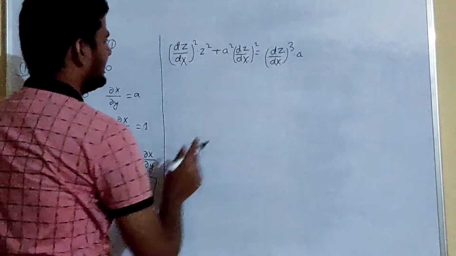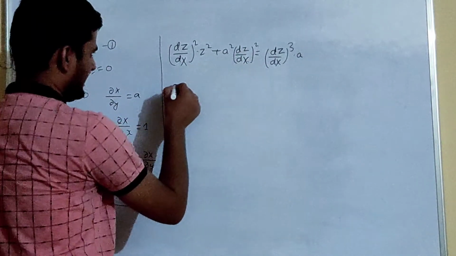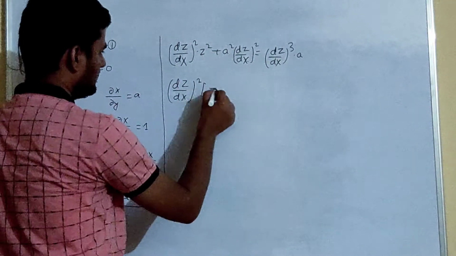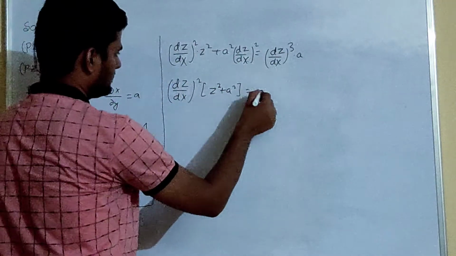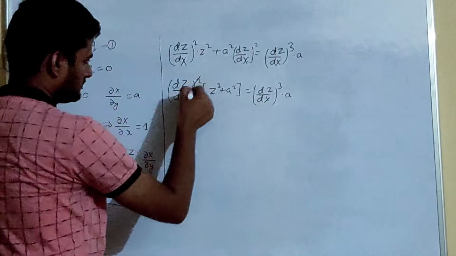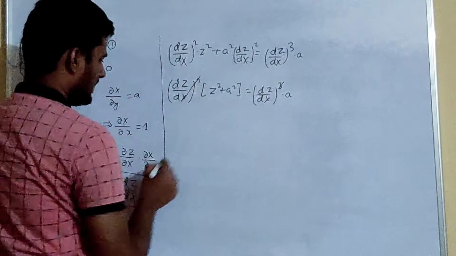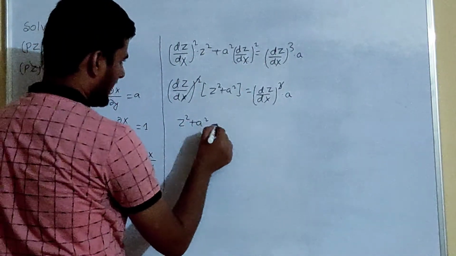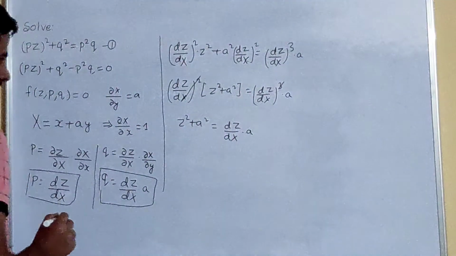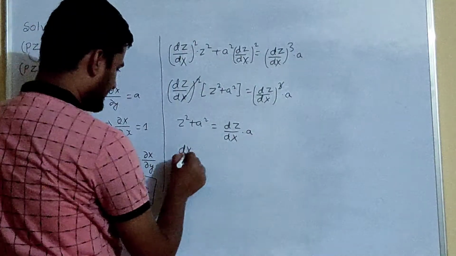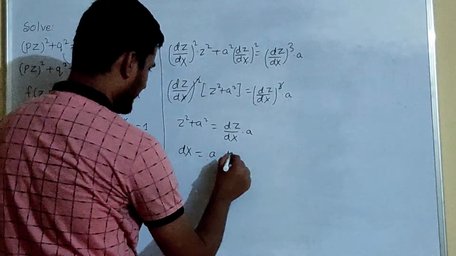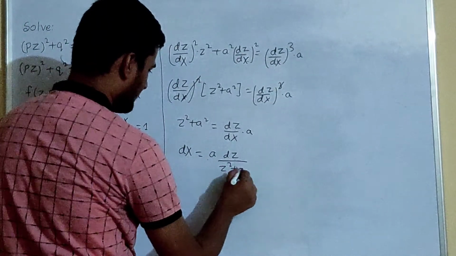Now I can cancel (dz by dX) whole square from both sides. So I will get z square plus a square equals dz by dX into a. So I will get dX equals a dz divided by z square plus a square.